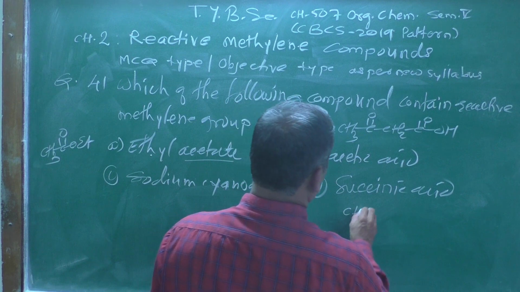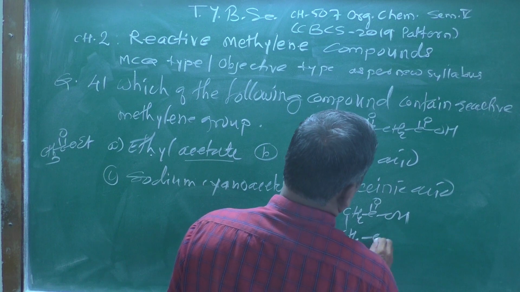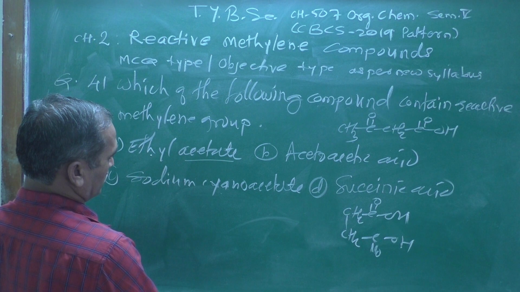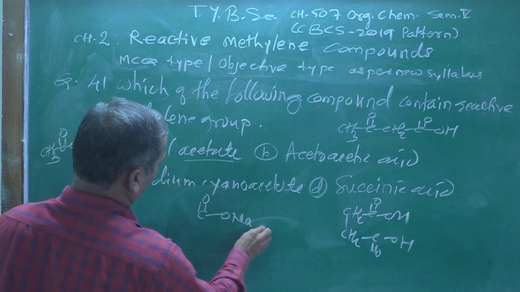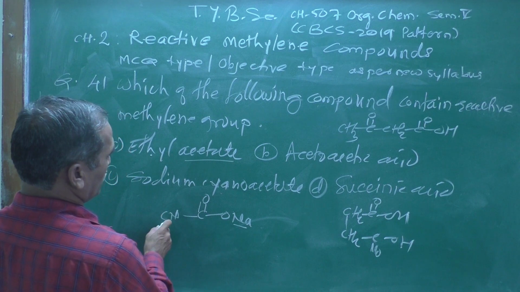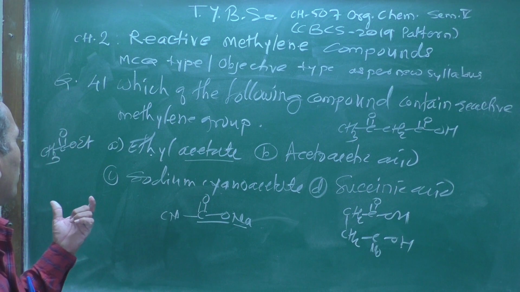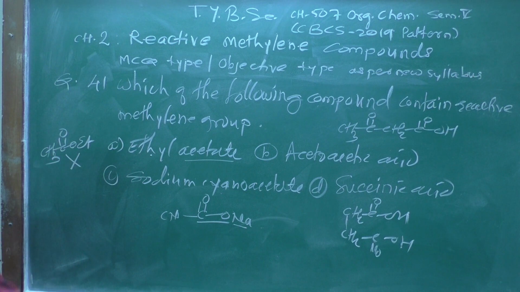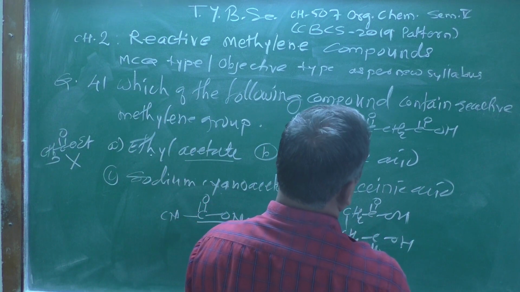Succinic acid is CH2 C double bond O OH, then CH2 C double bond O OH, and sodium cyanoacetate is C double bond O Na. Here ethyl acetate does not contain a reactive methylene group; if you see, there are two CH2 groups but they are not flanked.